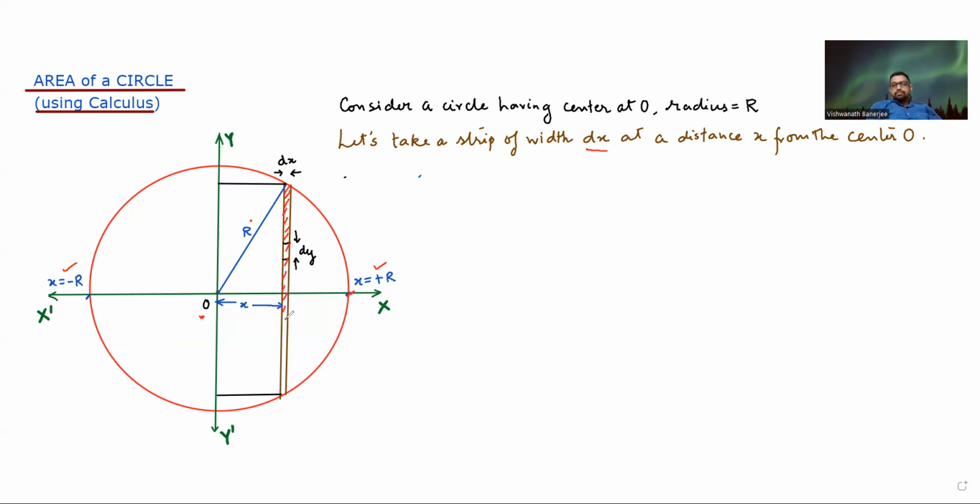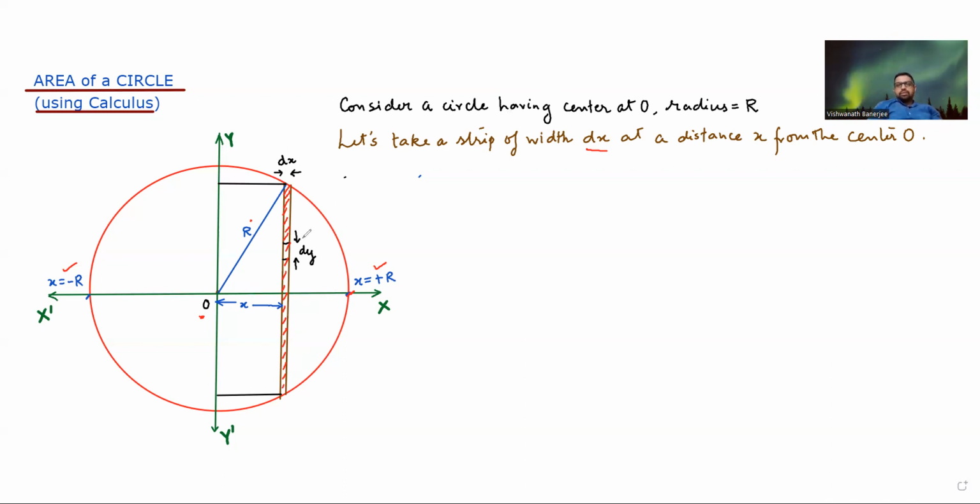This has a width dx, correct? And it is at a distance x. No matter whatever x I choose, I could have chosen it here as well, here as well, that doesn't matter, the width of the strip remains dx. For a reason you will get to know soon, it is convenient to choose it like this.